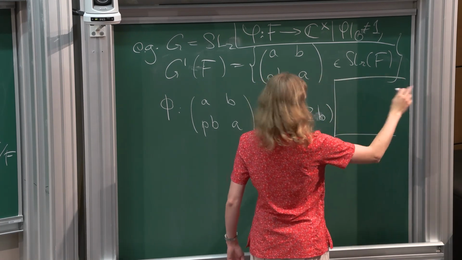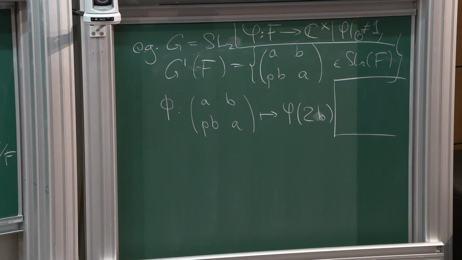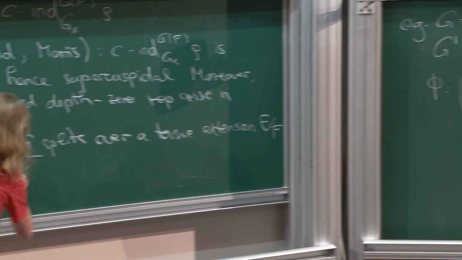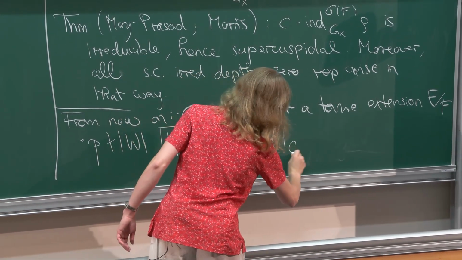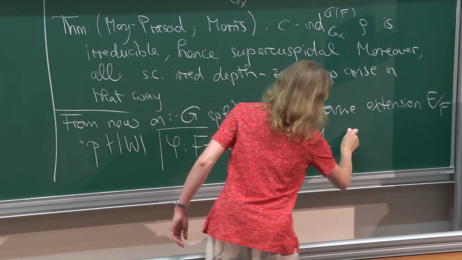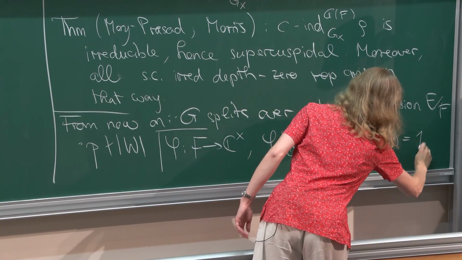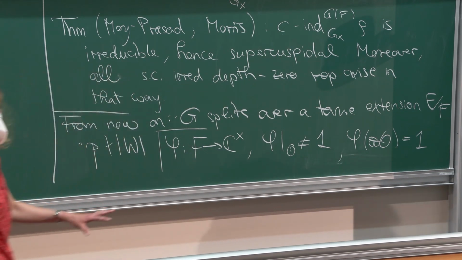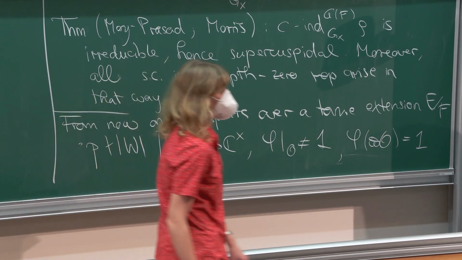Let me write this in the notation section so everyone can see it. ψ is an additive character, ψ restricted to O is non-trivial, and ψ restricted to ϖO is trivial. That's just my way to go from the field F, the p-adic field, to the complex numbers.